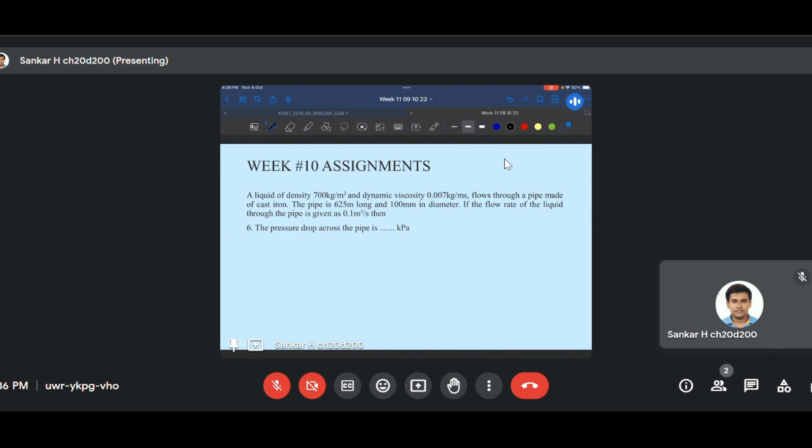And we've been finally asked to find out the pressure drop across the pipe. So we found the head loss to be 1290. So the pressure drop is nothing but rho g into the HL. And here you have to use the fluid, the liquid that is flowing, so that is 700 kilogram per meter cube times 9.81 meter per second square times the head loss, that is 1290.